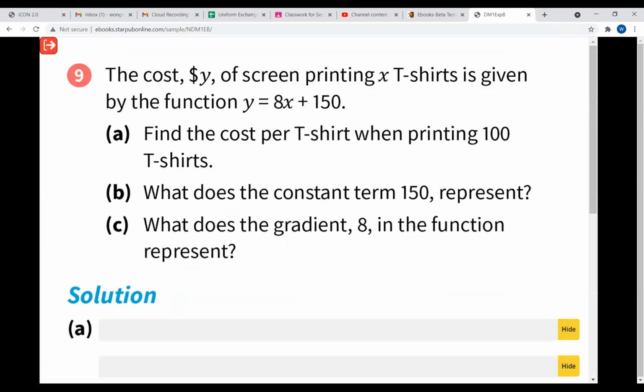Now, the cost y of printing x t-shirts is given by this function. Y equals to 8x plus 150. What does x represent again? T-shirts. So if I want to print t-shirts for this class, I need to find a supplier, right? Then the supplier needs to tell me, how many colors do you want?